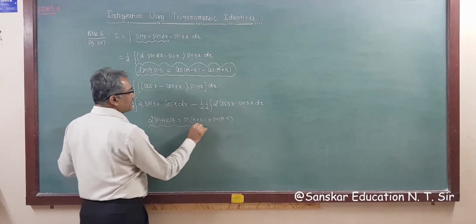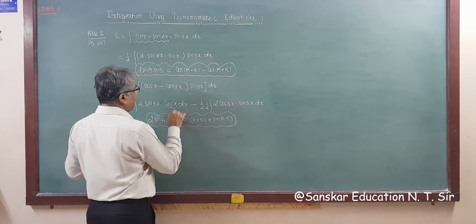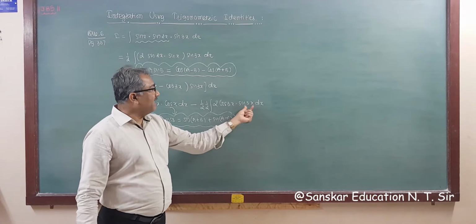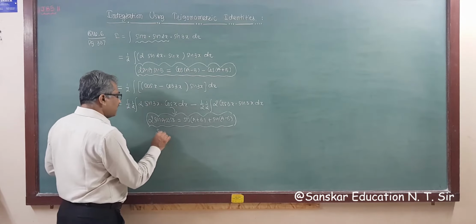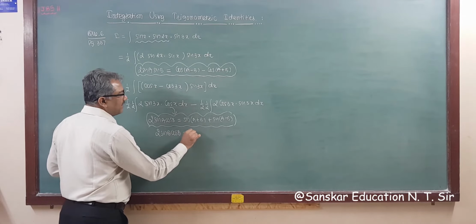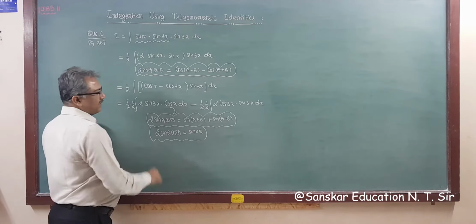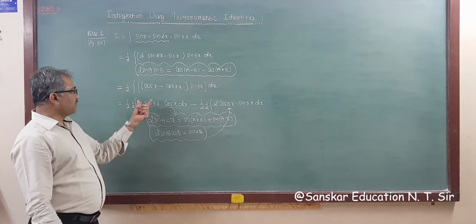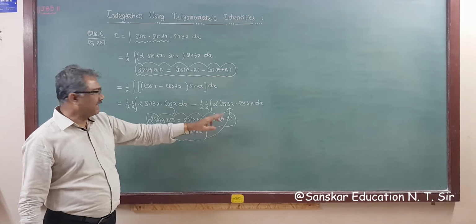This is the formula you have to apply here. And for 2 cos theta sin theta, both are the same angle, so 2 sin theta cos theta gives sin 2 theta. So applying this formula here, the answer of 2 sin a cos b is sin(a plus b) plus sin(a minus b).